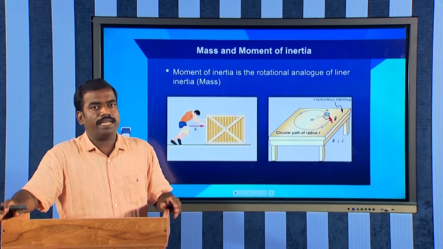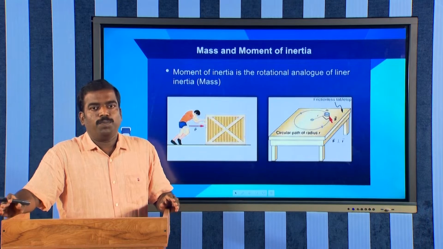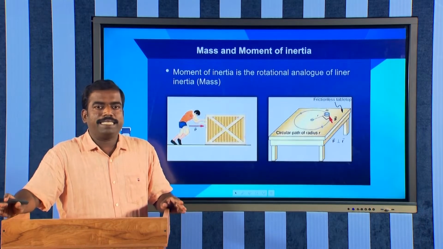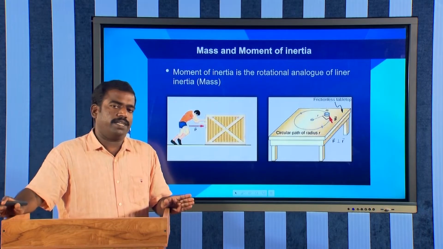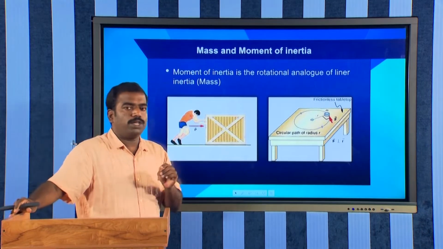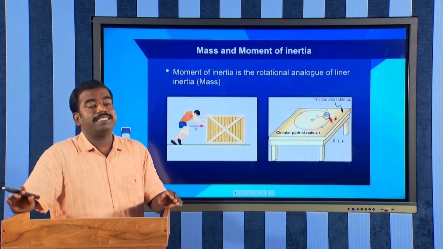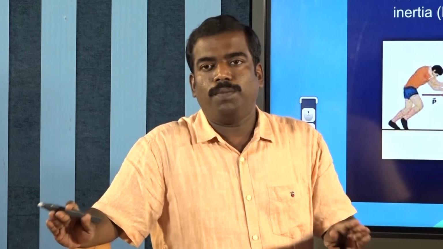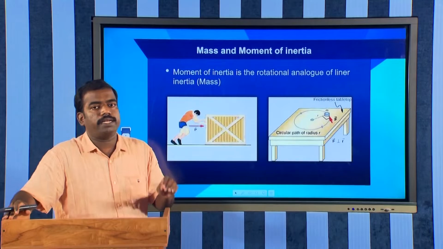In short, moment of inertia plays the same role as mass in translatory motion. Please understand that concept. If somebody asks what moment of inertia is, it is the rotational analog of mass.